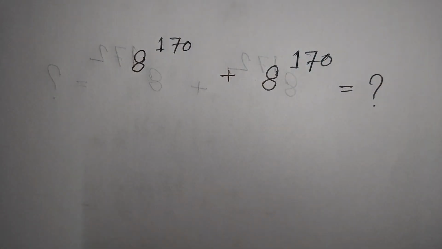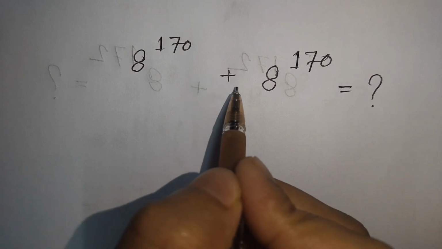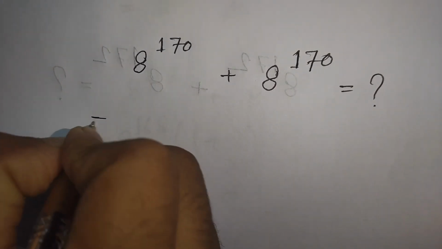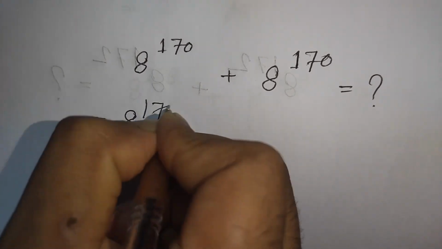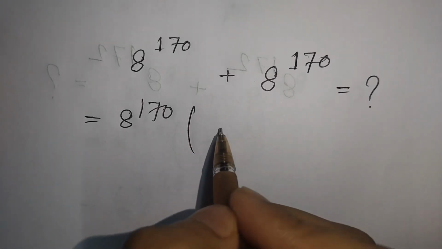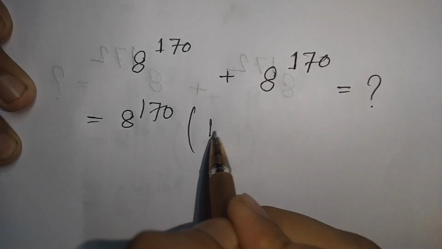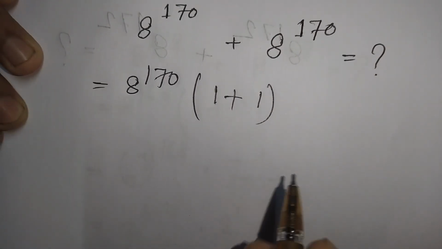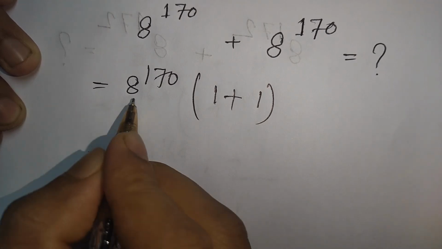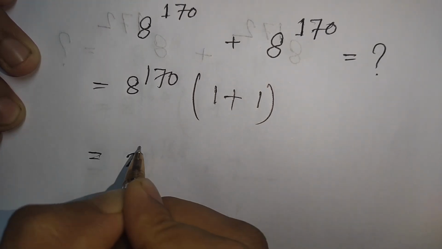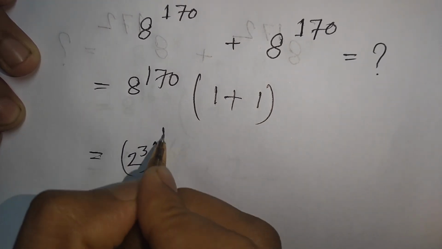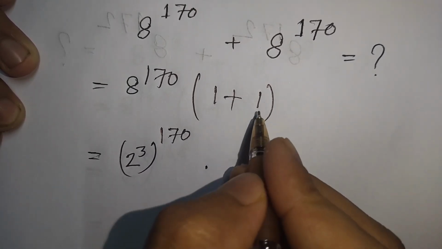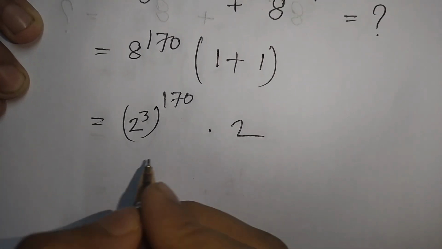So this is how to solve a to the power 170 plus a to the power 170 is equal to what? At first we take common a to the power 170. First bracket start, this divided by this, that means 1, plus this divided by this, that means 1. Now a to the power 170 is the same as 2 to the power 3, bracket 170, times 1 plus 1, that means 2.